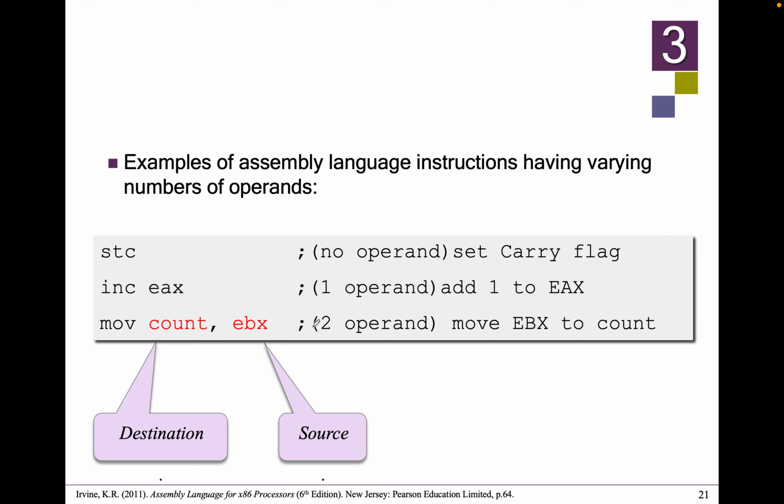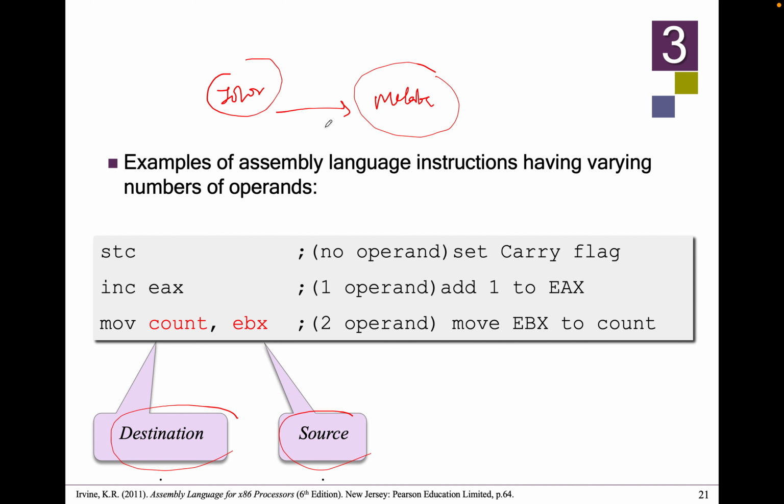Last time, if you remember, we discussed destination and source. Normally we say from here to there. For example, I'm from Johor and I want to go to Melaka. Normally we would tell our friend that I want to go to Melaka. Instead, for assembly language or programming, it sets your destination first: I want to go to Melaka from Johor.